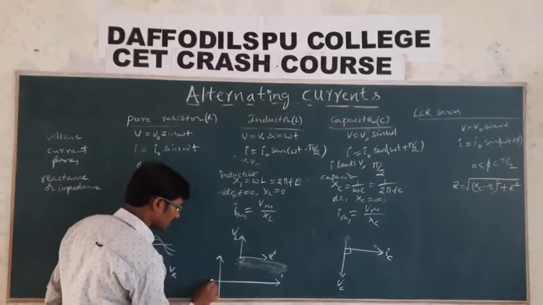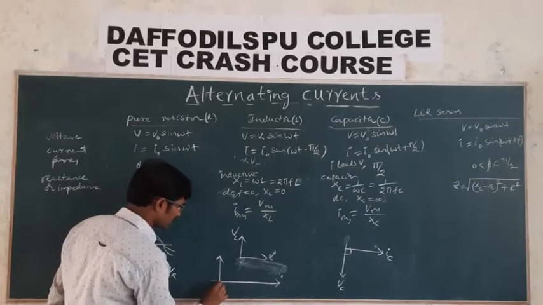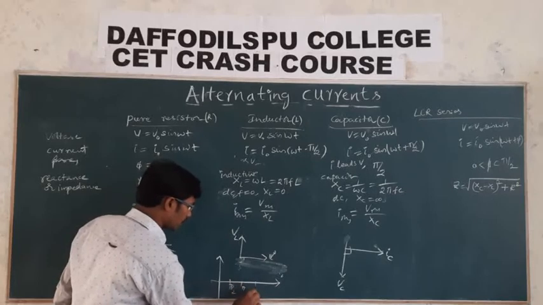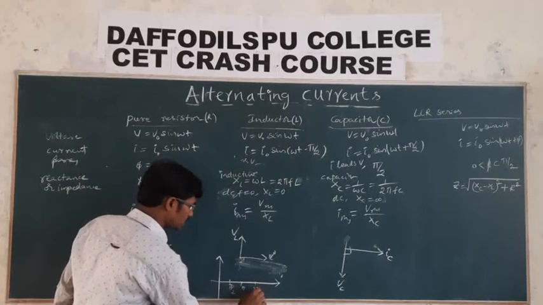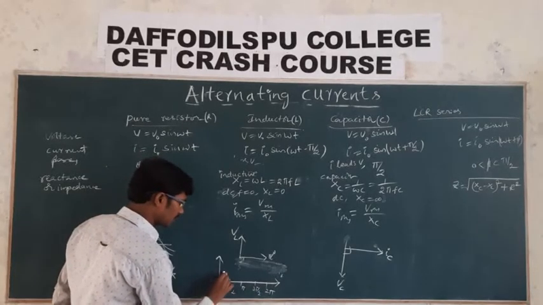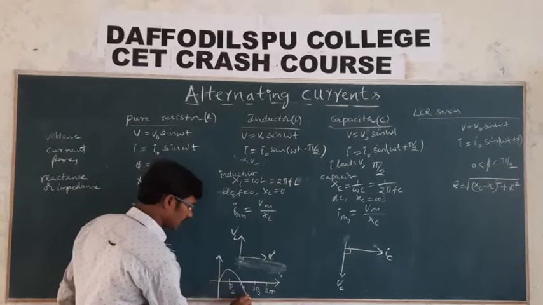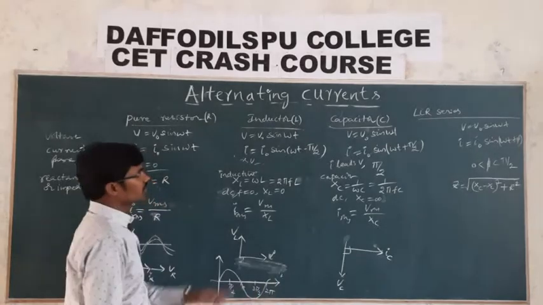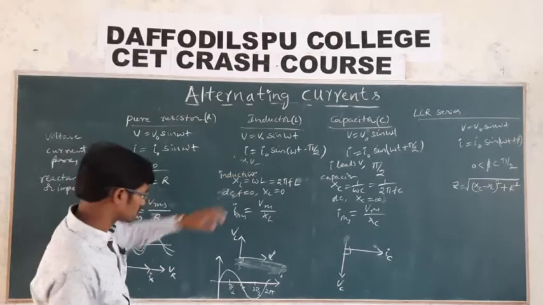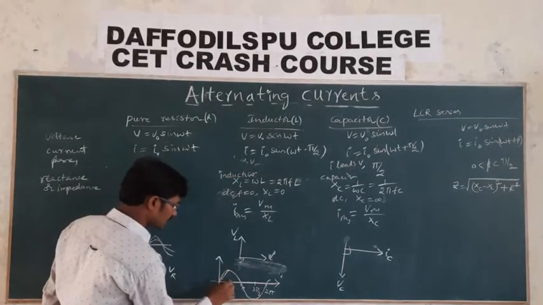So let us take here, for example, if I have taken the crest part, let me take here the crest part. Pi by 2, pi, and 3 pi by 2, and 2 pi. Is it? Now, when we have taken, this is like voltage. Voltage is leading, current is lagging. How much is it? Pi by 2. Now, this crest part is started from here.